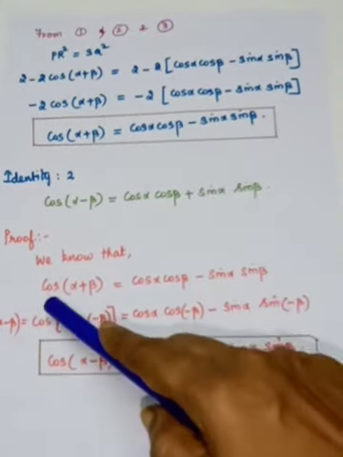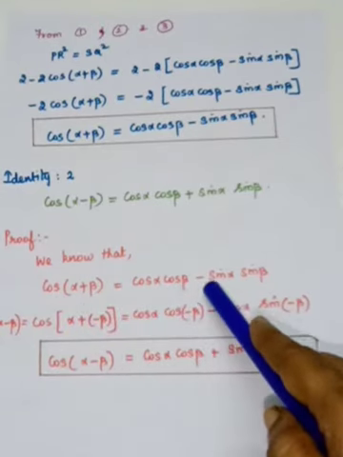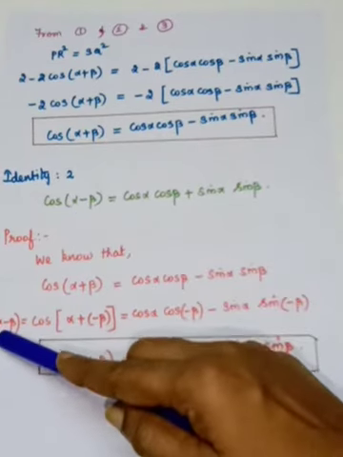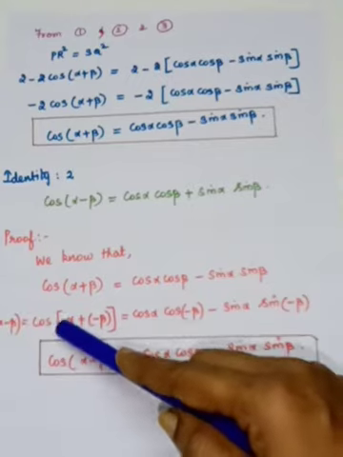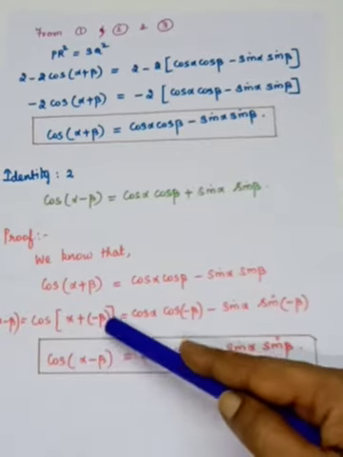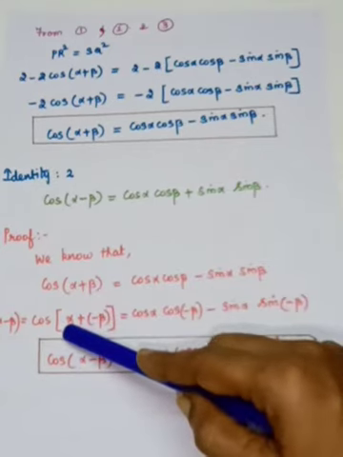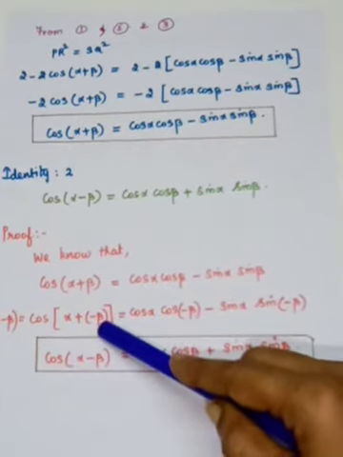Take that identity: cos of alpha plus beta is cos alpha cos beta minus sin alpha sin beta. Here what you have to prove is cos of alpha minus beta. How can this be written as alpha plus minus beta? When you compare these two, in place of alpha you have alpha, but in place of beta you have to substitute minus beta.